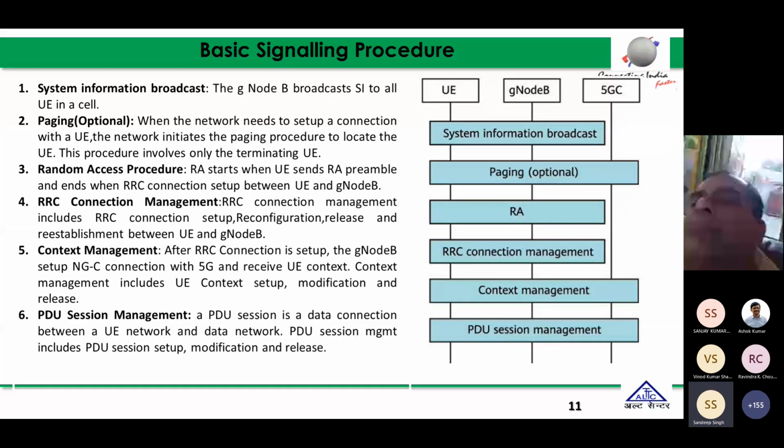And then context management. What is context management? For every connection between the UE and gNodeB, and gNodeB to the AMF to SMF, they create a UE ID in terms of NGAP ID. The AMF creates the NGAP ID for the UE.